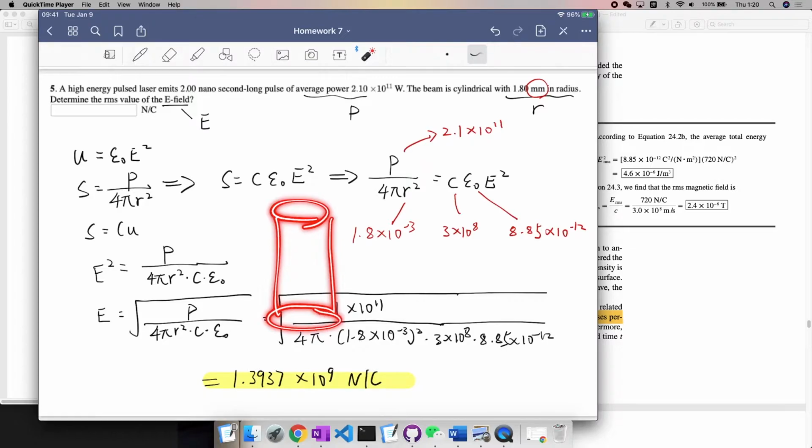In this case, the area is this part. So the area should equal pi r squared. You can tell that I made a mistake here because I used the area as 4 times pi times r squared. So this is wrong. Okay, I will make a revised video on this.